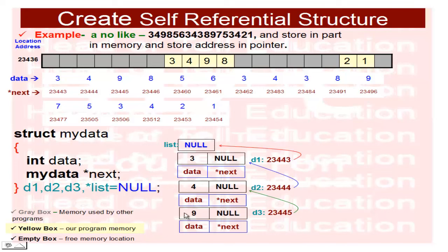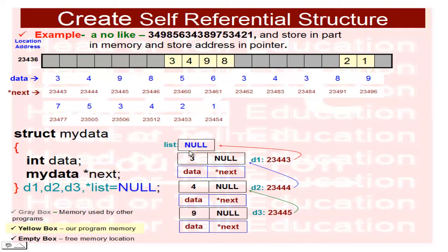Same for d3, data 9 and assign null. If we check the continuity, in the next pointer we need the next data's address. But before this we have to check whether our starting point is null or we have the address. If our starting point is null here, we first need to record the address. So the d1 variable address is assigned here.